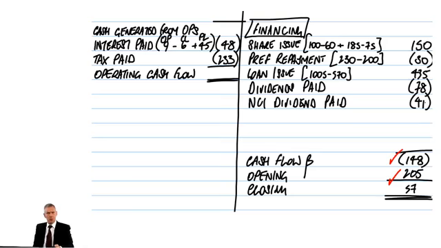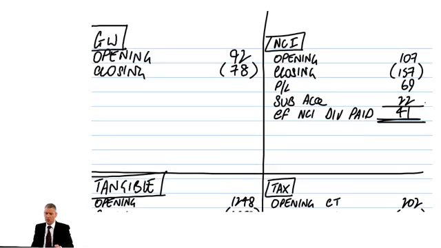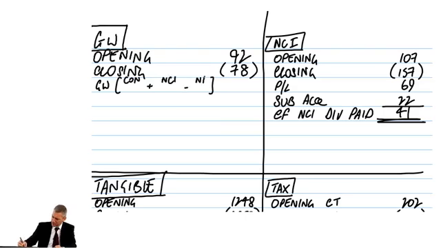Oh, wait a second. Wasn't there something about goodwill? Ooh, yes. So clearly when a sub walks in with goodwill, goodwill walks in. So here's our goodwill working. But a goodwill working is far less formal here on the cash flow statement than it is in a balance sheet question. You know, it's just consideration plus NCI minus net assets. It's the same 3 figures being brought together, but as you can see on a cash flow statement, the working is on a line, not in a column, much less formal.